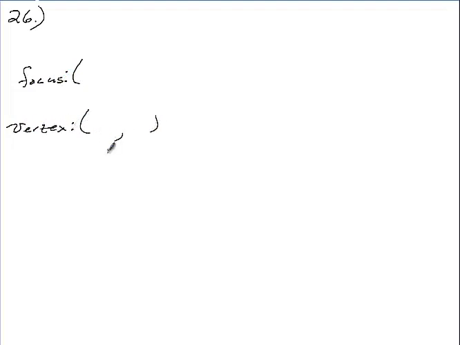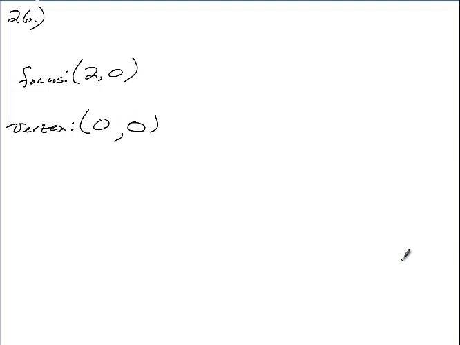Okay. So what was the focus they gave you? Okay, and what about the vertex? 0, 0. All right. This is there mainly from when we get into circles and ellipses and hyperbolas and all that stuff. For parabolas, for the most part, we're going to be dealing with just 0, 0. So if you notice, all of the ones I graphed, right, we were always at 0, 0. So the vertex doesn't really matter too much.